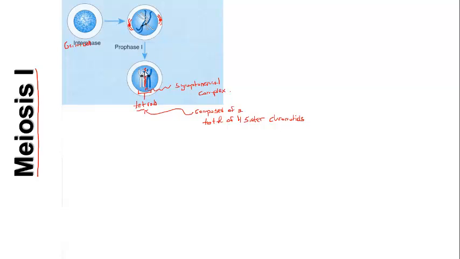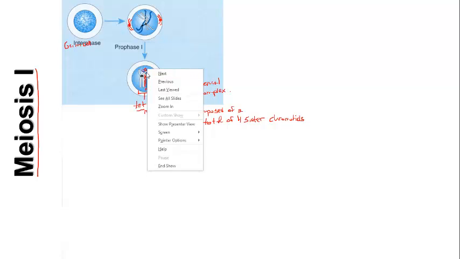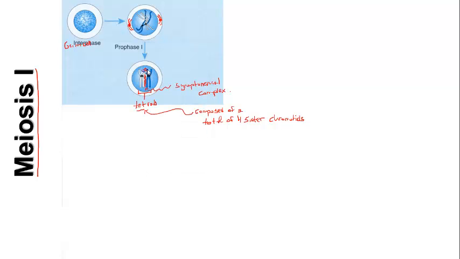So you can see right here that these tips, because they occur in the same areas of the respective homologous chromosomes, will also contain the same types of genes in the same order.